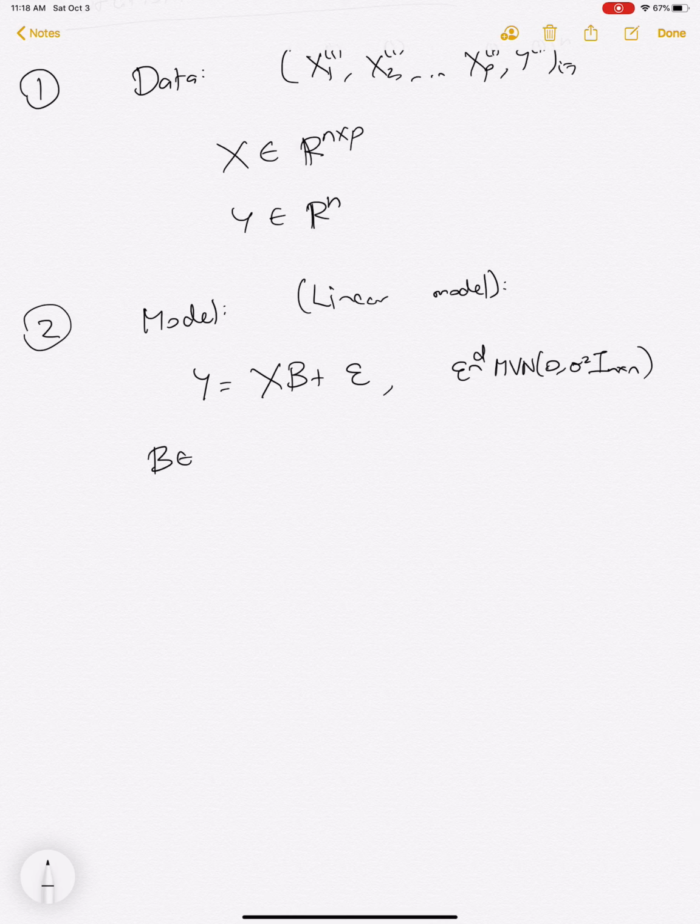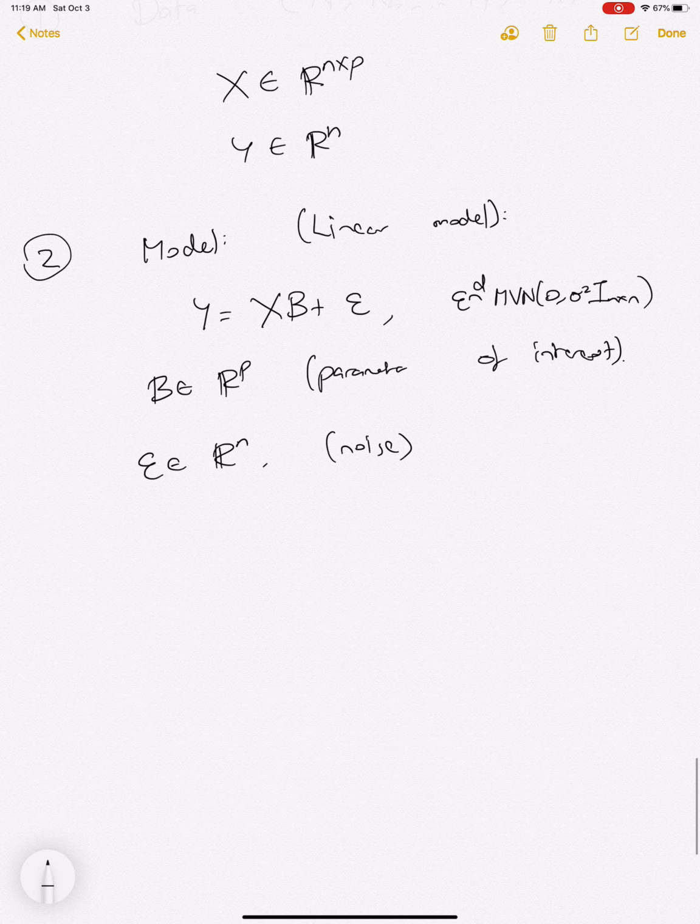So b here is in R to the p. That's the parameter of interest. And epsilon in R to the n is the noise. Here we've conveniently assumed that it's multivariate normal. A lot of the ideas go beyond that, but as we'll see, the analysis will be a lot easier when we assume that.